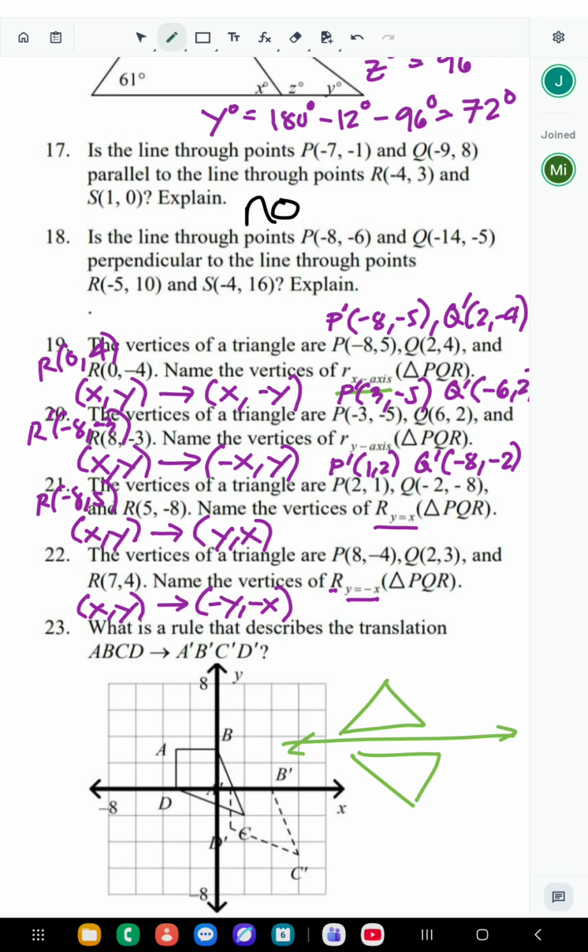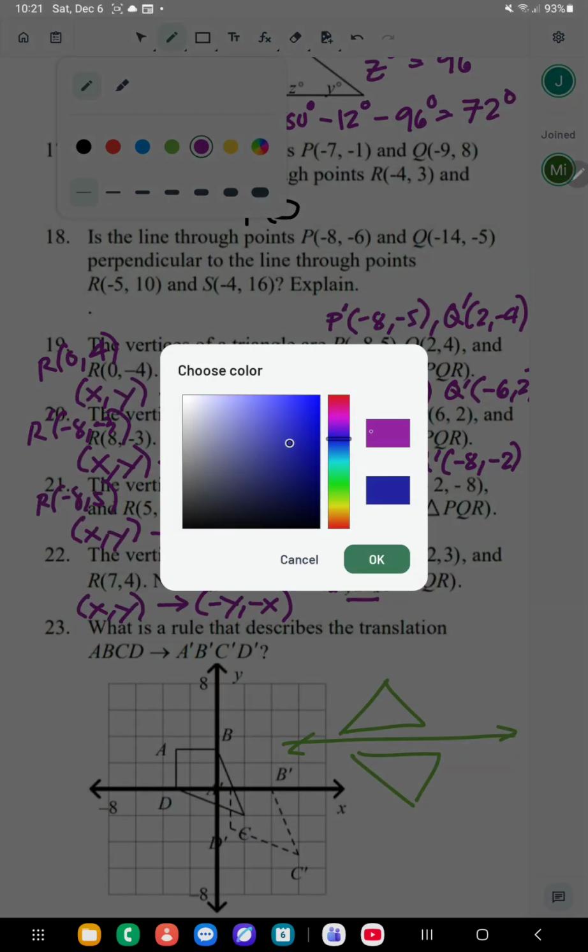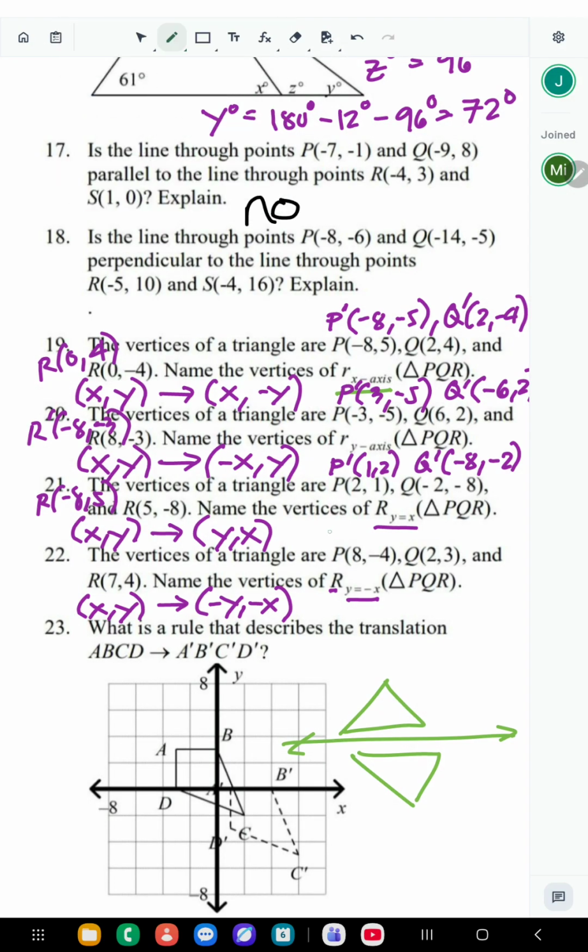Okay. So this would be this blue. So point P here, we swap 8 and negative 4, it will become negative 4, 8. But it will be negative, so negative of negative 4, then negative 8. And then Q here will become negative 3, negative 2. And then R would become negative 4, negative 7. Alright. No questions on number 22?